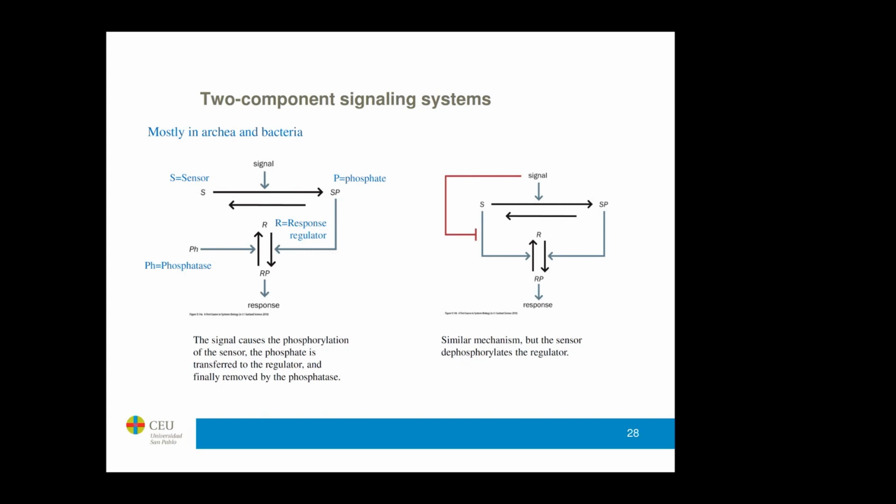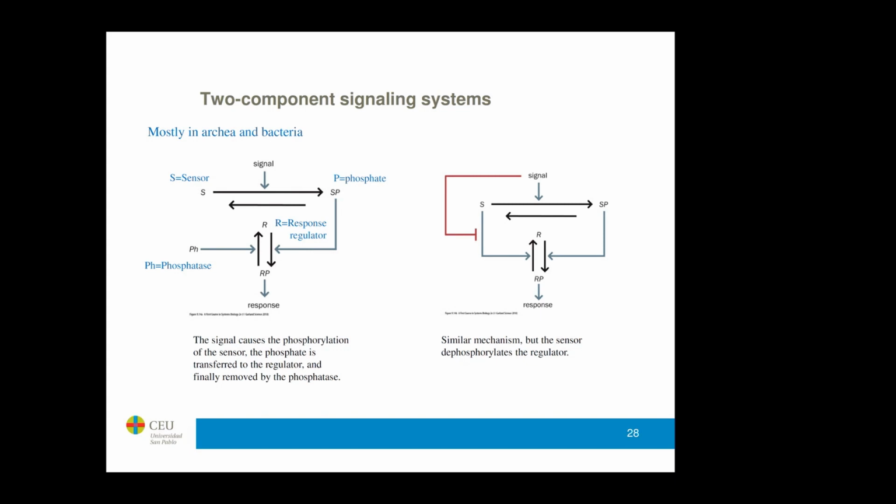And then this phosphate is removed from here. So the R takes the phosphate away from S, so the S is again available. So this is a representation of that system, but this is another, equivalent representation, now with arrows that indicate which ones are promoted and which ones are inhibited.